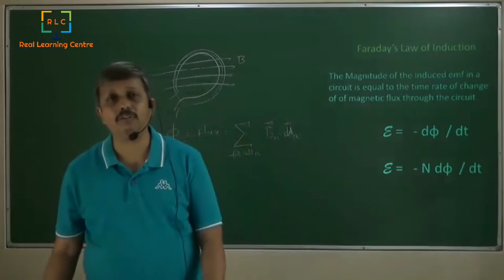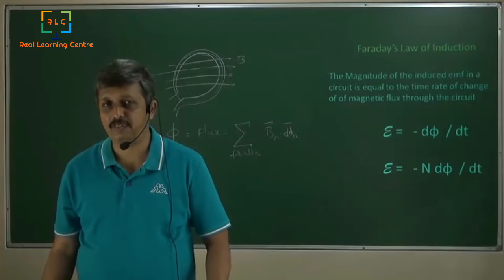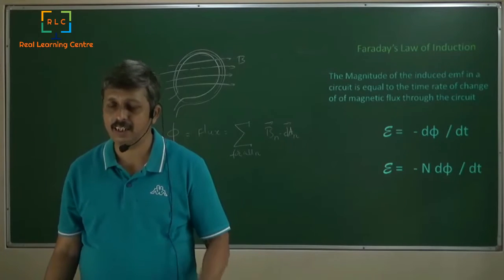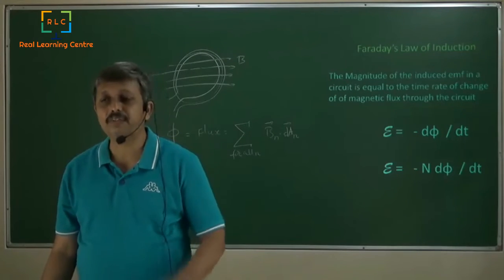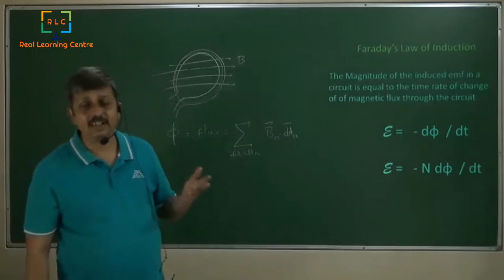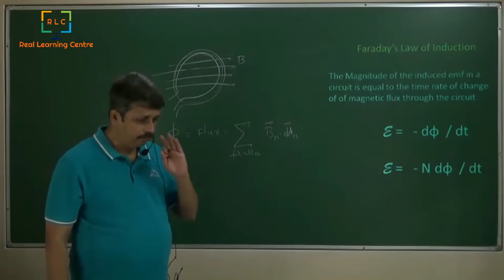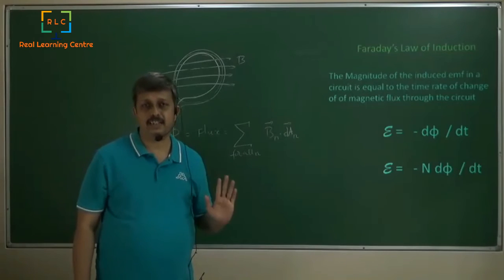So this is how a magnetic field can generate electricity, or electric current, or electric field. We'll come to how Lenz's law works.